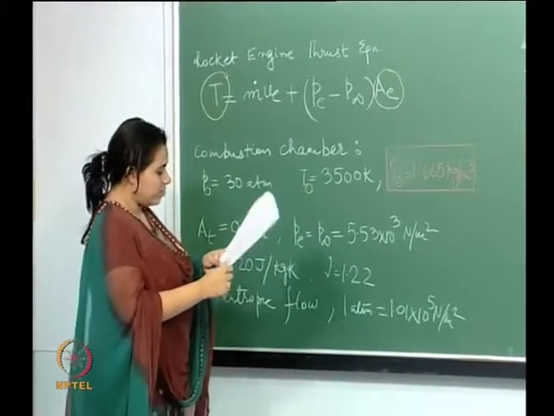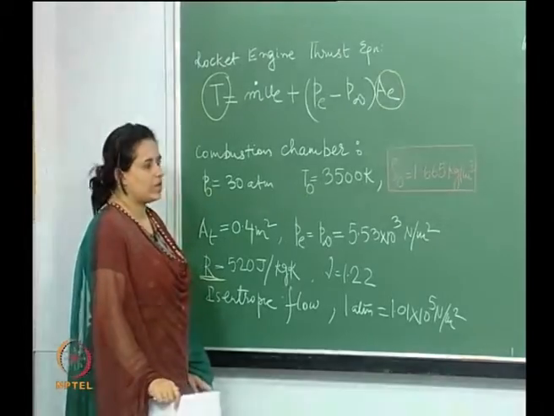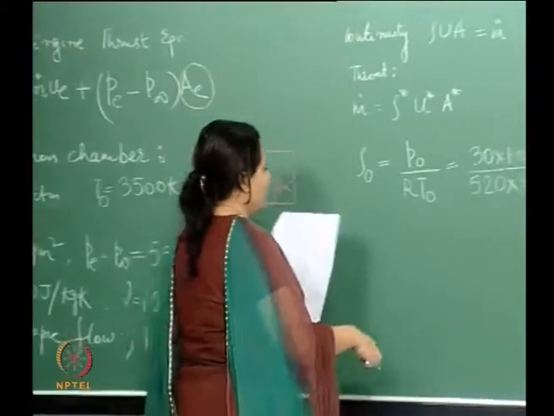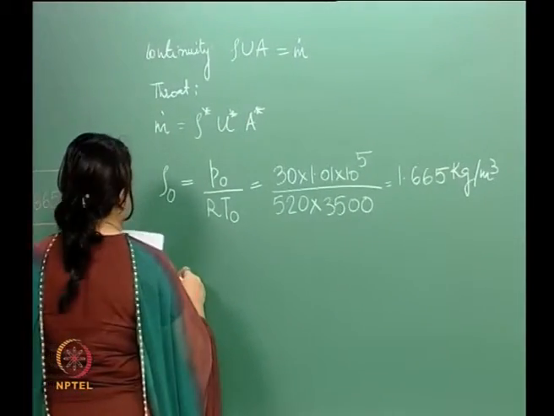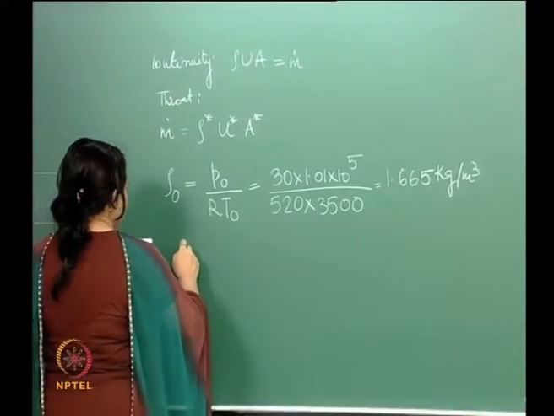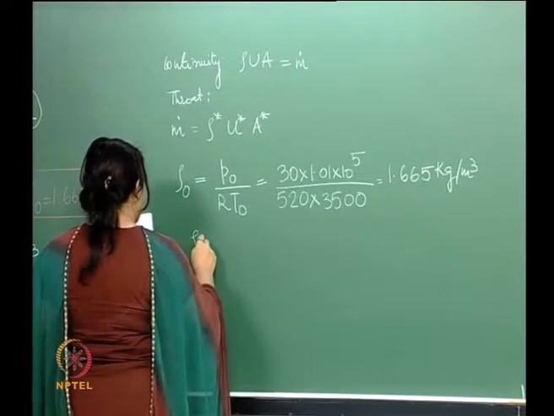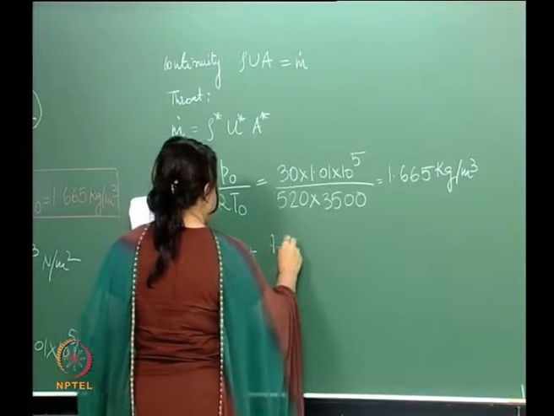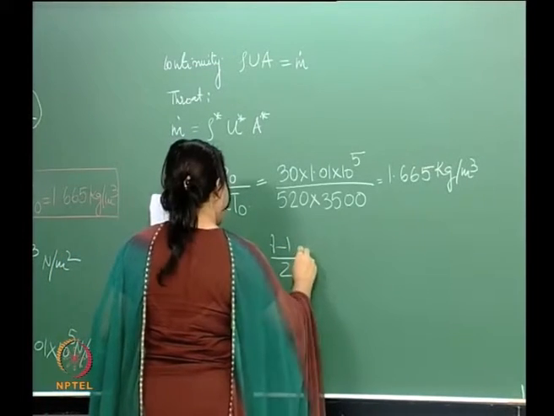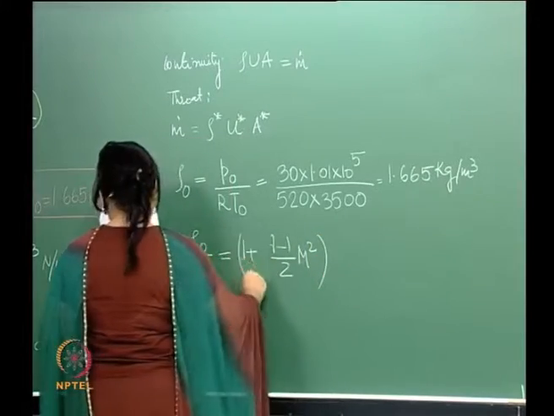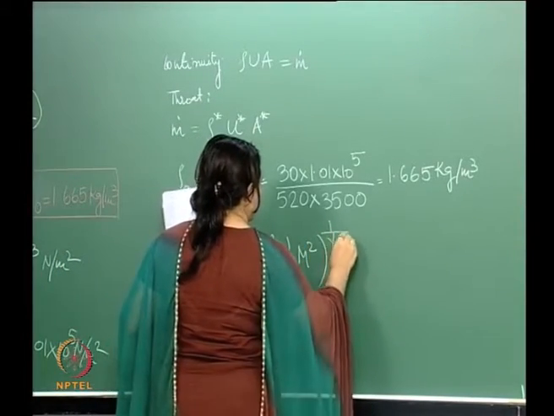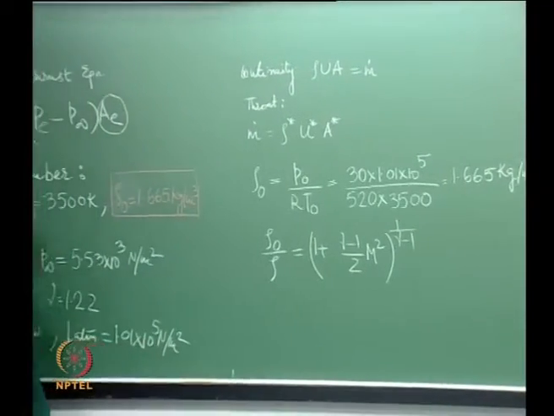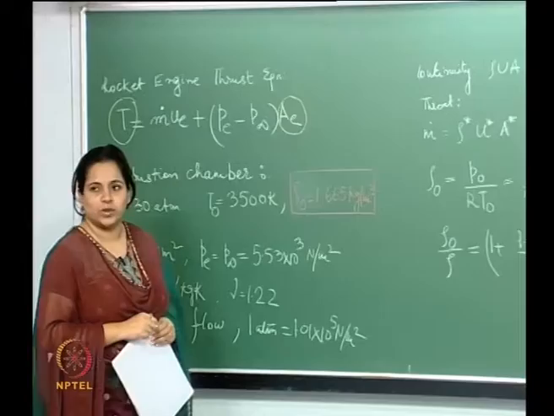Now, how do we get the density at the throat? What we will use here, if you remember, for a calorically perfect gas, is an equation which holds for a calorically perfect gas.